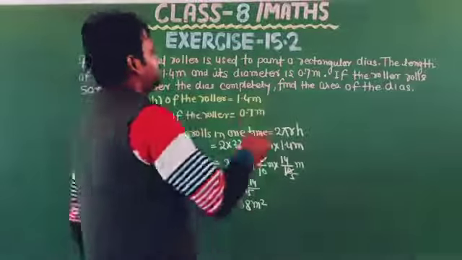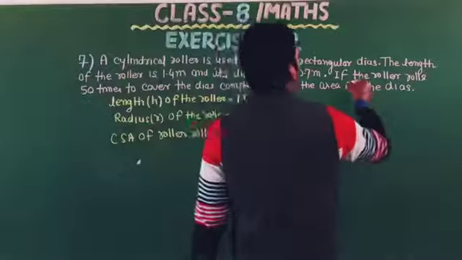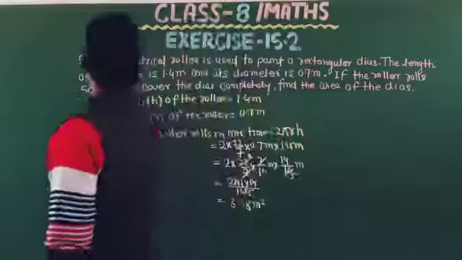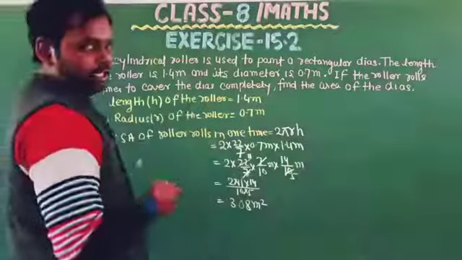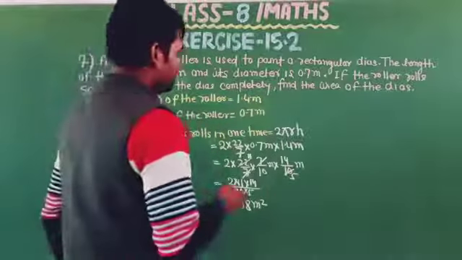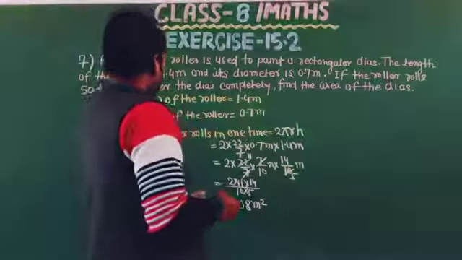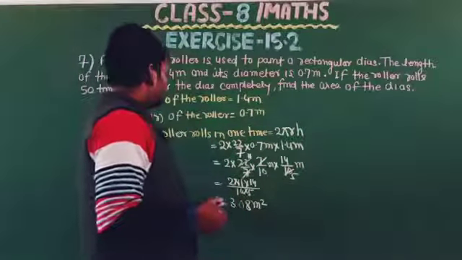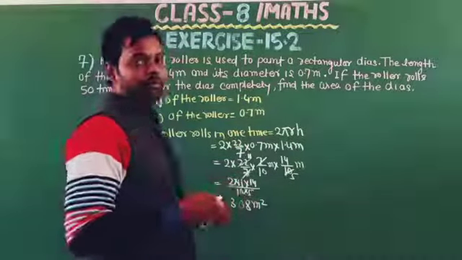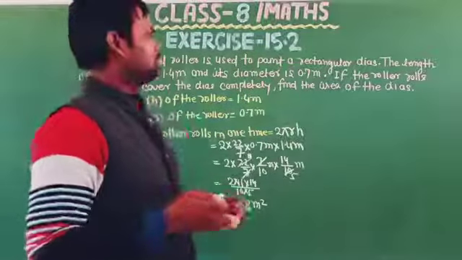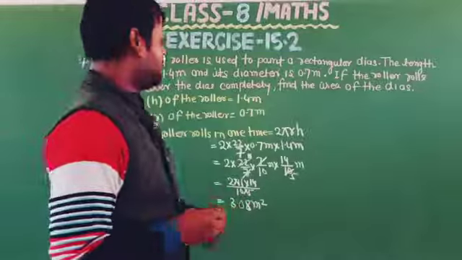And here it says the roller rolls 50 times to cover the dash completely. So this means the area of the dash is equal to the area the roller rolls in one time into 50. So we will get the total required area of the dash.